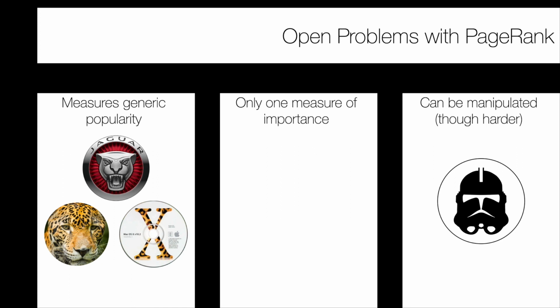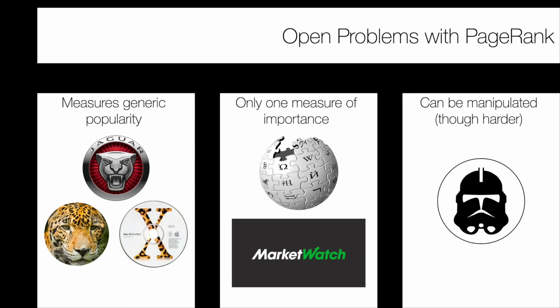And then here in the middle, there's only one measure of importance. So if you think about what is the meaning of Wikipedia, how important should it be? Well, it's clearly one important website, but it's qualitatively different than if we're trying to understand something about the stock market today. Wikipedia will probably tell us a lot about how stocks work, or historical trends about the stock market.